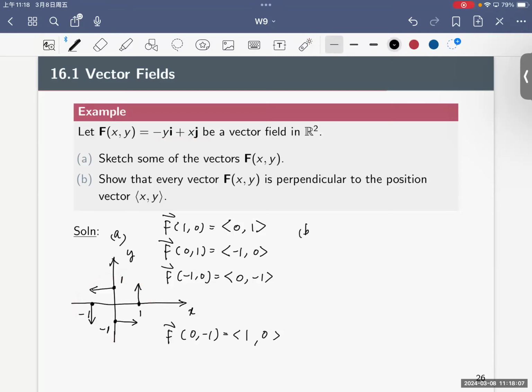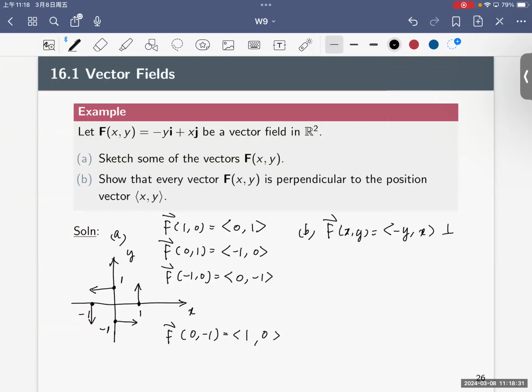And part B: show that every vector is perpendicular to the position vector x, y. So what does it say? This vector at any point x, y is -y, x.